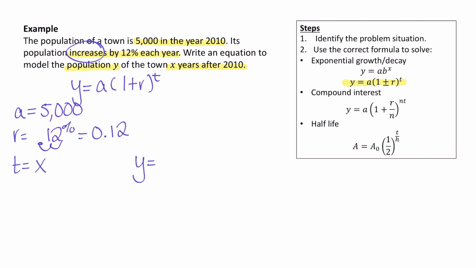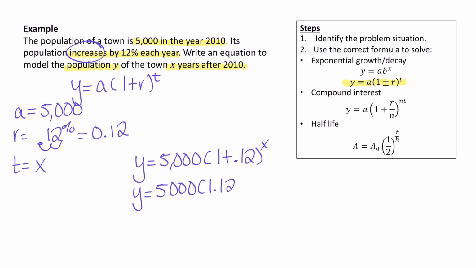We have y equals 5,000 times 1 plus 0.12 to the t, which is x. So if we plug that all in, we have 5,000 times 1.12 to the x. And so that equation will tell us the population of a town x years after 2010. We don't need to solve anything because notice in this problem it's asking us just to write an equation.